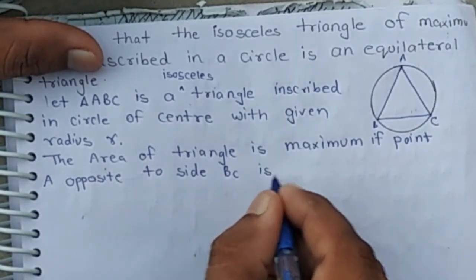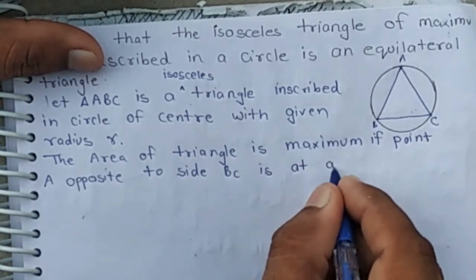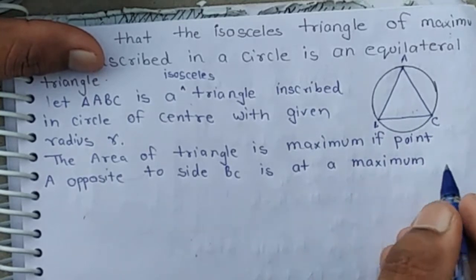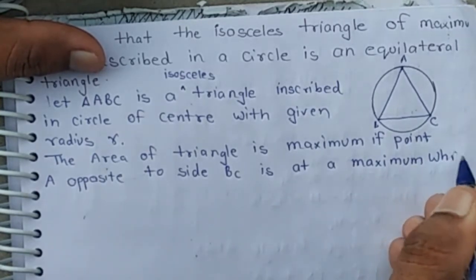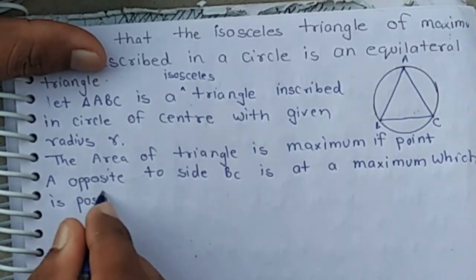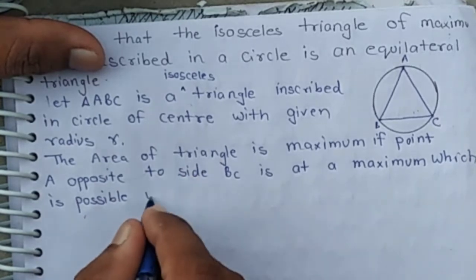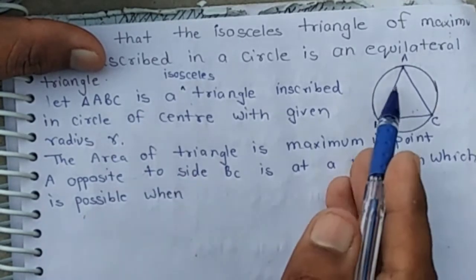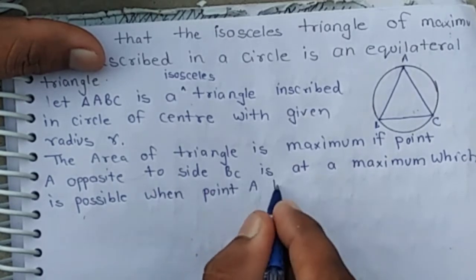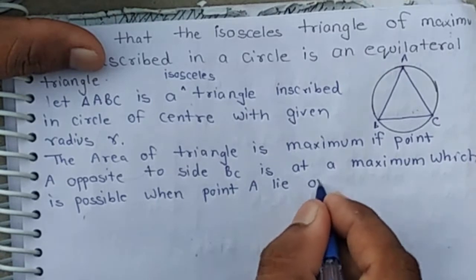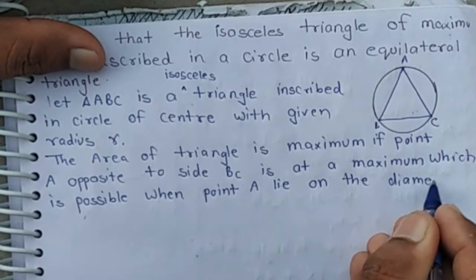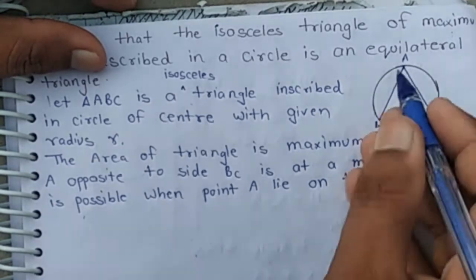which is possible when point A lies on the diameter perpendicular to BC.